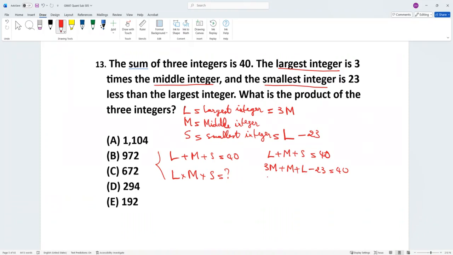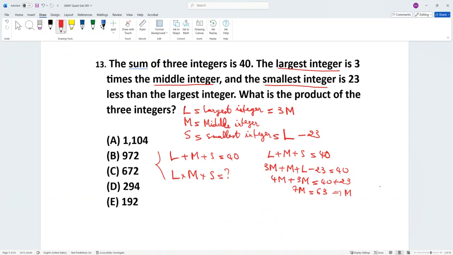We can remove this, so this is going to be 4m plus the largest integer 3m equal to 40 plus 23, because the 23 is going to go on the other side. Then we will find ourselves with 7m is equal to 63.